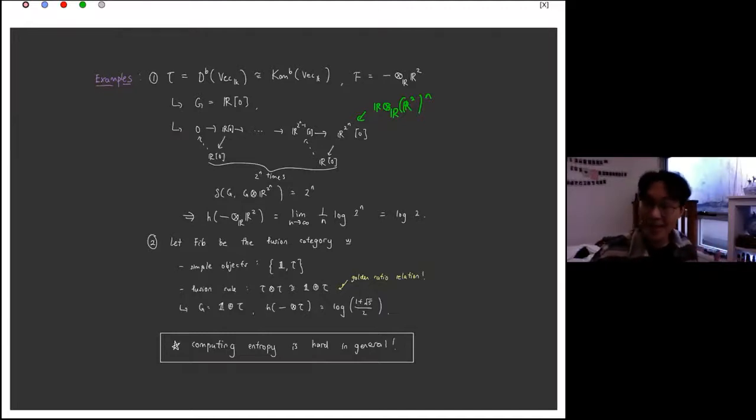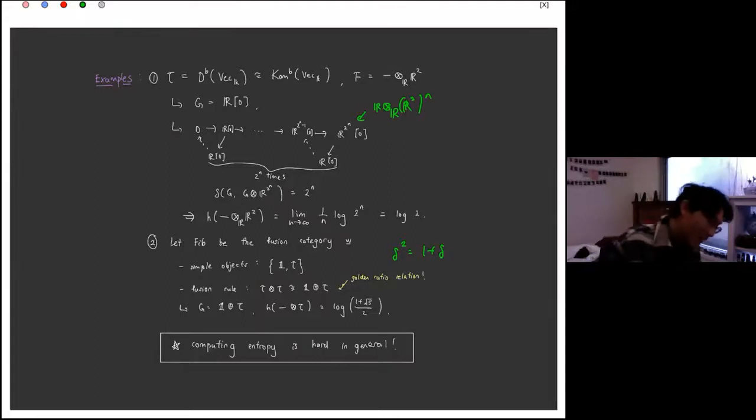In particular, when you tensor tau with tau, you get 1 plus tau. So this is just the golden ratio relation, delta squared equals 1 plus delta, categorified.